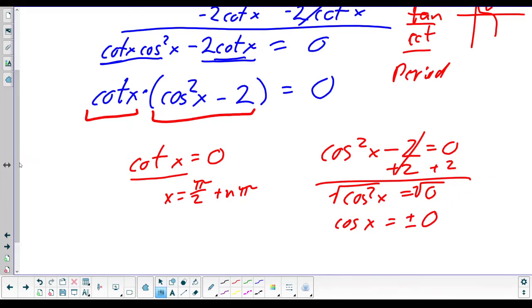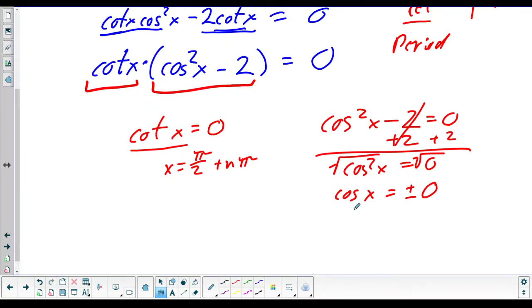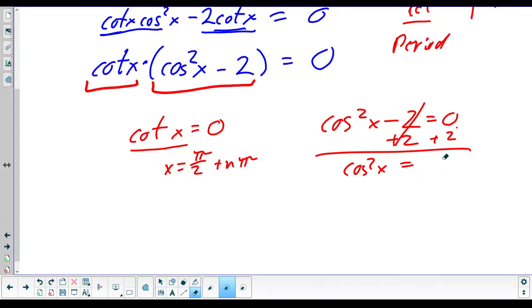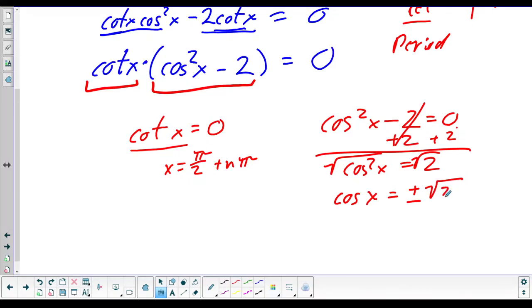So negative 0 is 0. So we want, I'm sorry, back up before I make a terrible mistake. 0 plus 2 is definitely 2, not 0. Sorry, I almost made a terrible mistake. Okay, 0 plus 2 is 2, square root, cosine of x equals positive or negative radical 2.